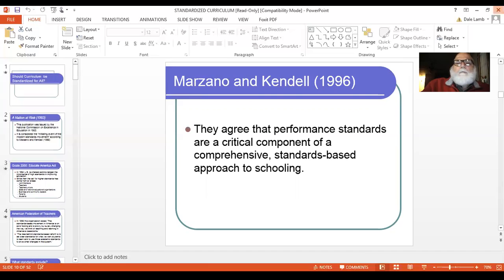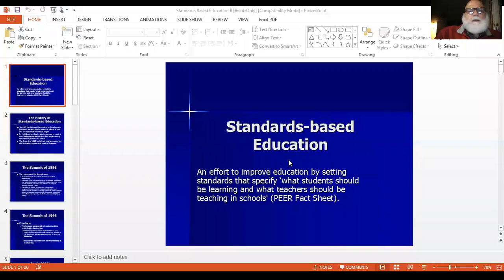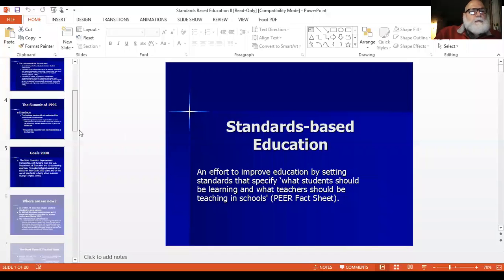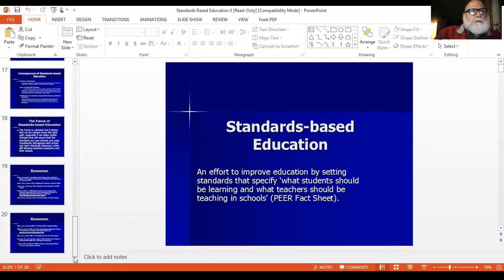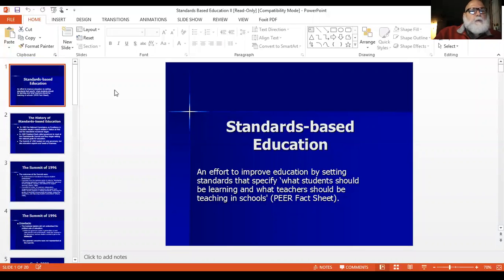And that's that one. All right. This one on standards-based education is much the same. It talks about the needs for standards-based education. It's a little more academic in nature, but it covers pretty much the same material as the previous one.